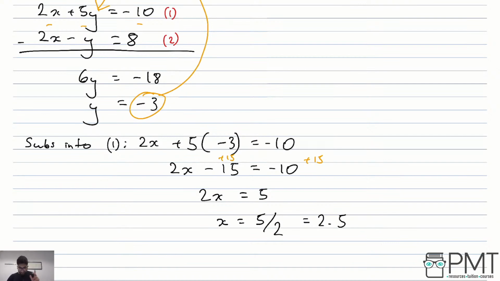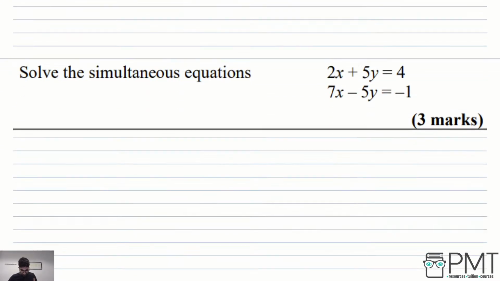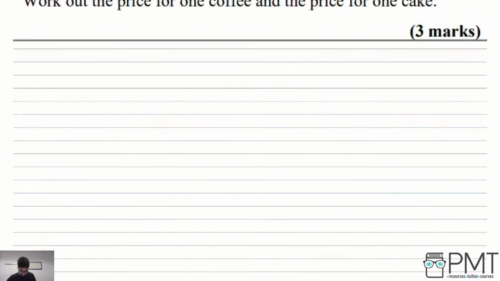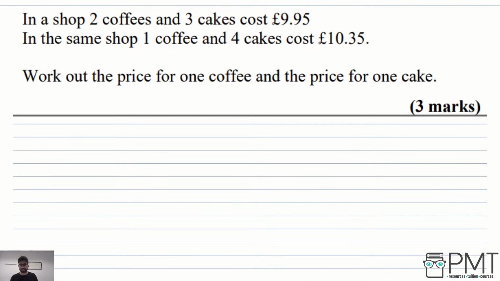Okay, let's do another one. This is the last example for linear ones. So this time we have a problem. You'll see that it's going to turn into simultaneous equations. But we start with a problem.